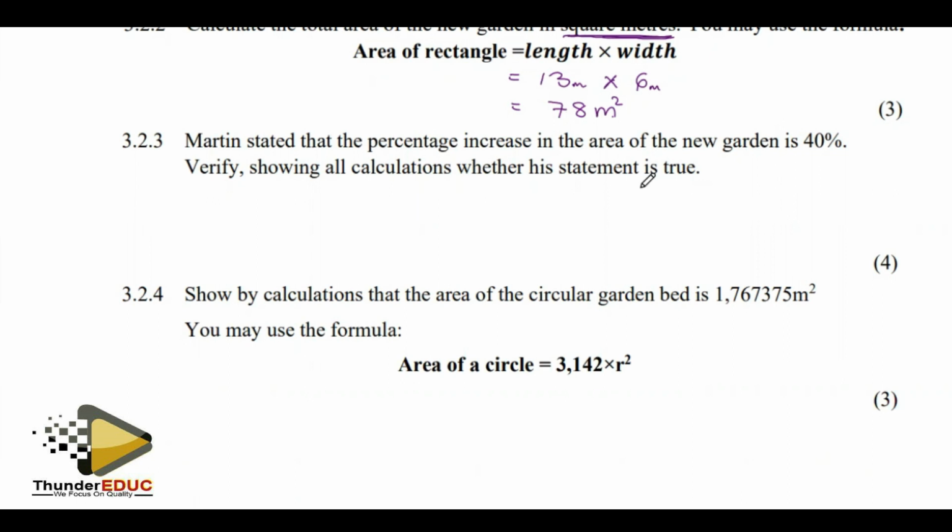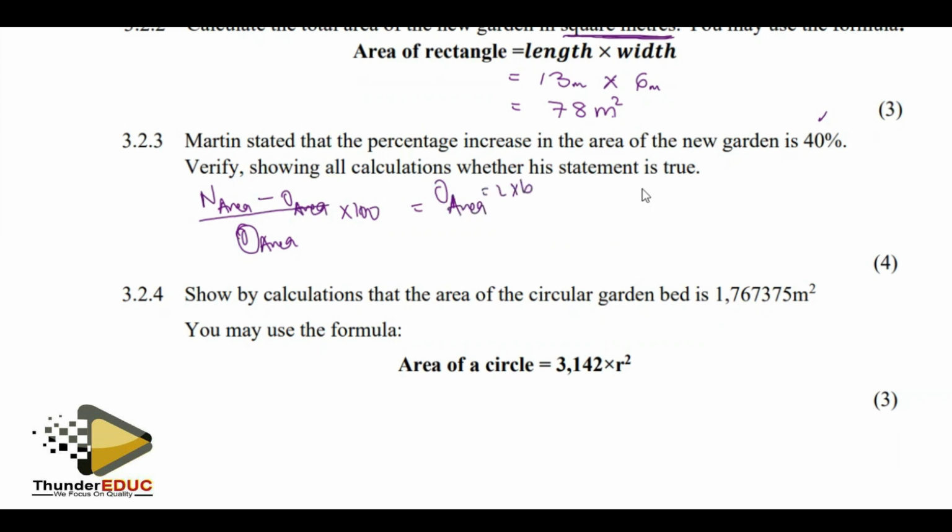Number one, to get the percentage change, you need the new area minus the old area, everything divided by the old area times 100. Why? I'm looking for the percentage. I have the new area. What about the old one? So I need to look for the old area.